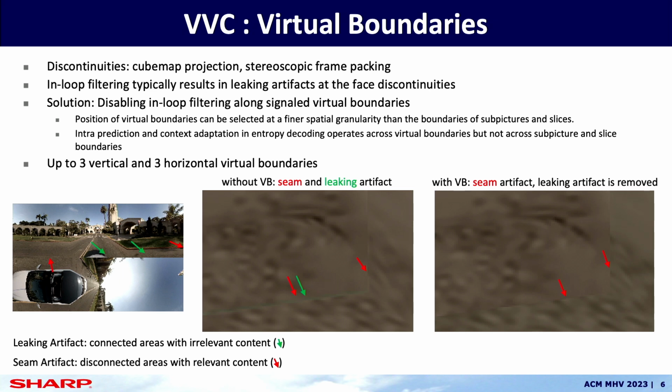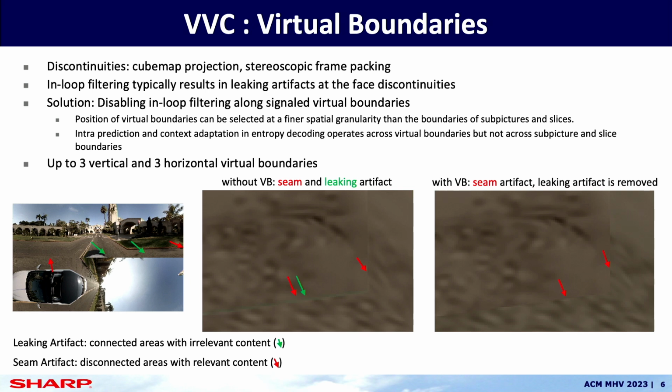And that basically results in VVC has in-loop filters, and you can use tools like subpictures and slices, which are in VVC, and we'll talk a lot more about subpictures in next couple of slides. But you still could have these leaking artifacts because sometimes you might need spatial granularity, which is finer than the granularity supported by subpictures, and then use of subpicture itself results in losing some compression efficiency.